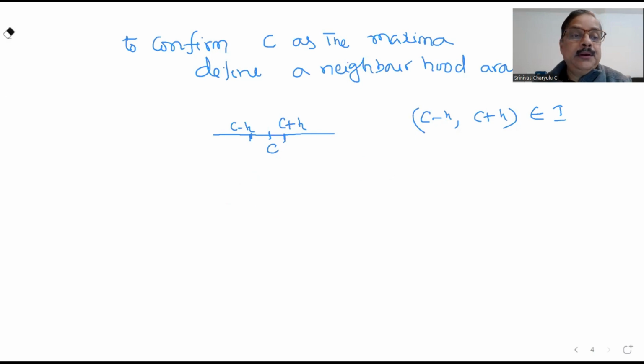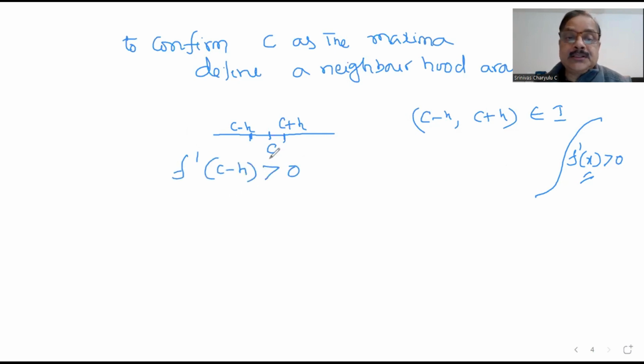Now I'll tell you. When the curve is increasing like this, f dash x should be greater than 0. So in the place of x, if I write c minus h, it should be greater than 0. So f dash c minus h should be greater than 0. This condition should be met. Here, f dash c plus h should be less than 0.